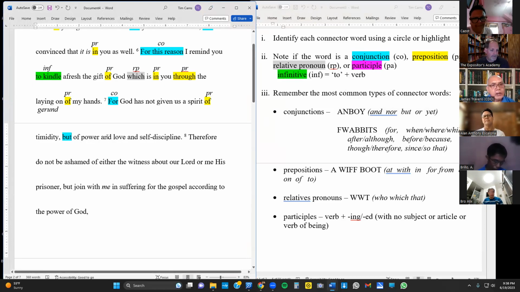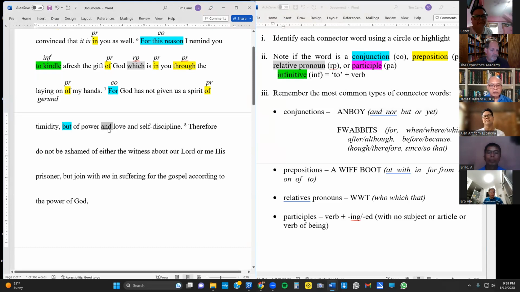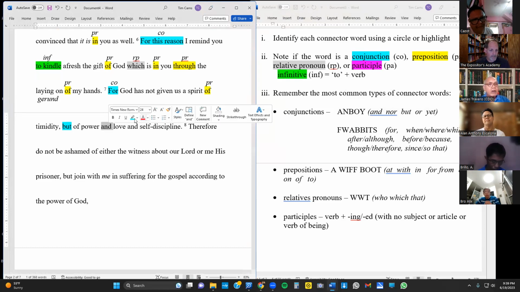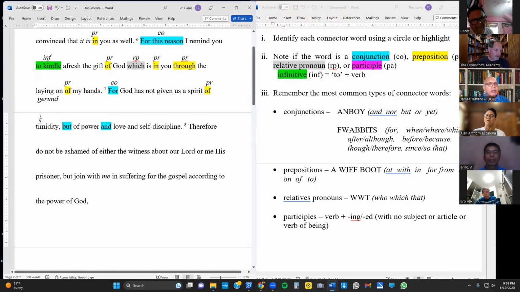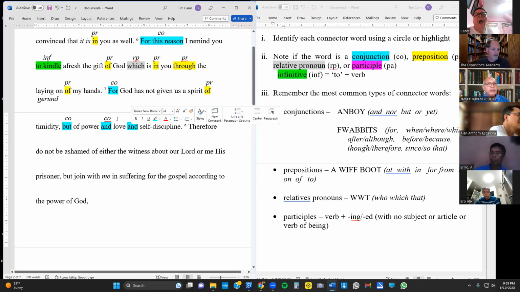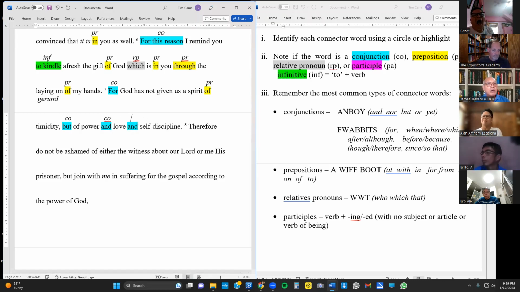Now, any other connector words? And. Yes. What kind is it? It's a conjunction, right? Also coordinating. Yes. Okay, good. Any others? Another and. Yes, another and. All right, same thing. Very good. Any others? Of. Yeah, another of.